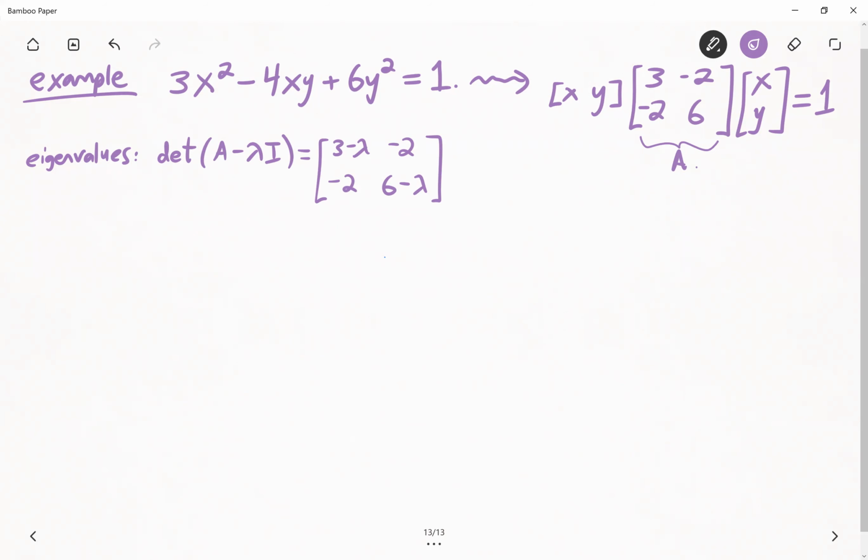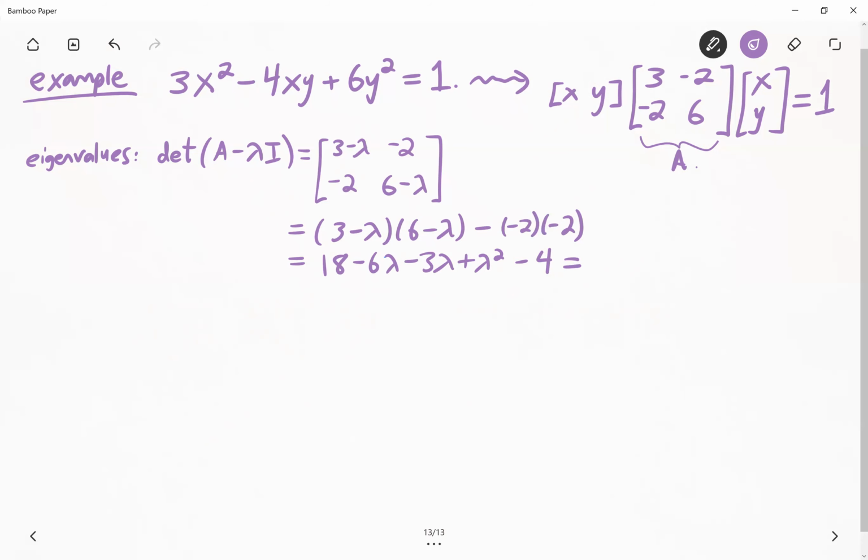So we will get 3 minus lambda times 6 minus lambda minus -2 times -2. Expanding this out, we'll have 18 minus 6 lambda minus 3 lambda plus lambda squared. All those negatives minus 4, which means that, let's see, we'll have lambda squared minus 9 lambda. See, 18 minus 4 is plus 14. It's equal to 0.